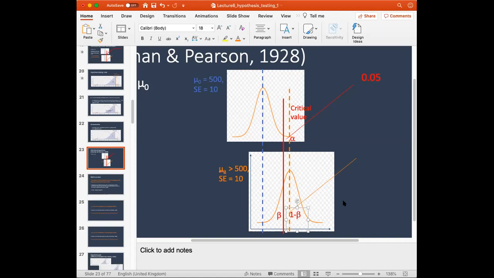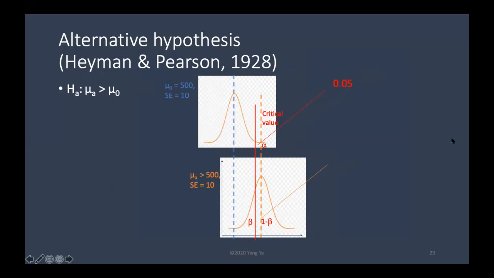Okay? So power only makes sense under the assumption that the null hypothesis is false and there is an effect. And the p-value only makes sense under the assumption that there is no effect.